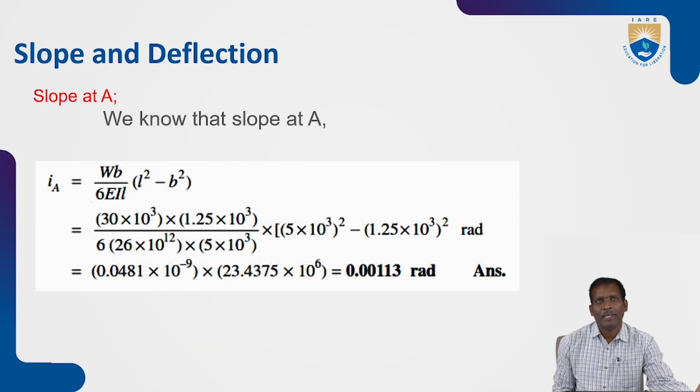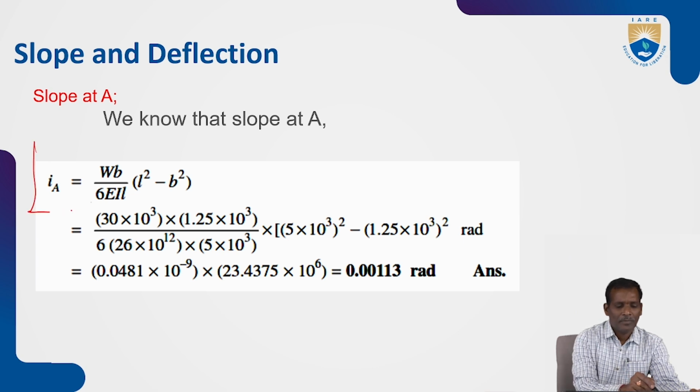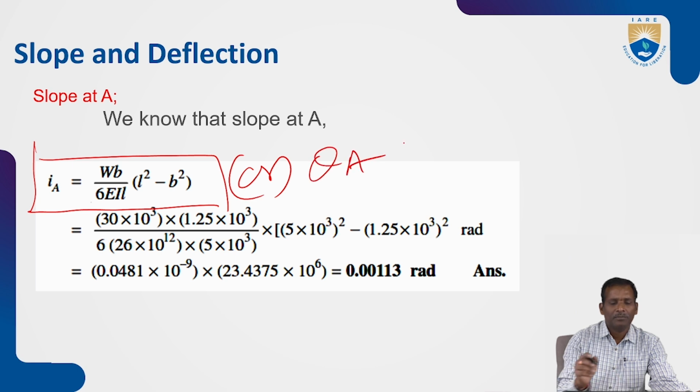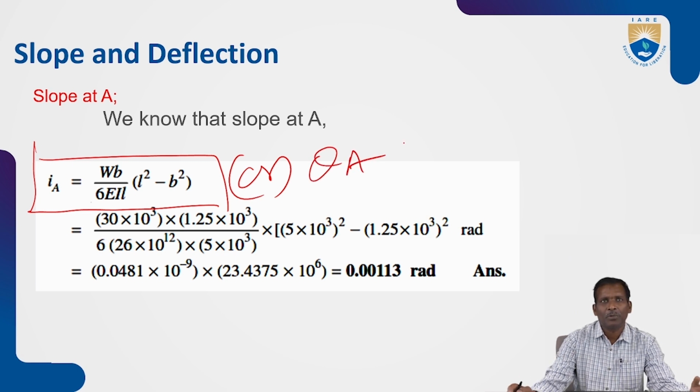So the slope at A, we know the formula: theta A is W into B upon 6EIL into L square minus B square.